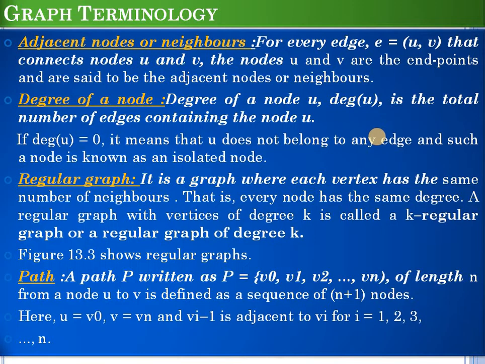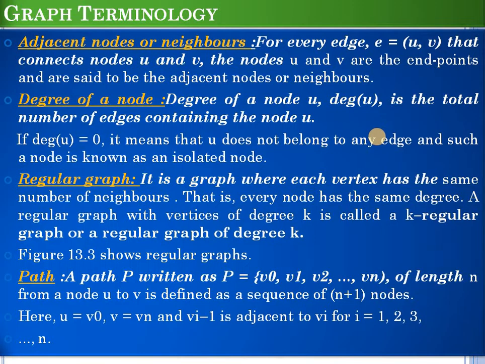A regular graph with vertices of degree k is called a k regular graph. Suppose degree is 1, then it is a 1 regular graph. If our degree is 2, then it is a 2 regular graph. We will see that in the next slide.